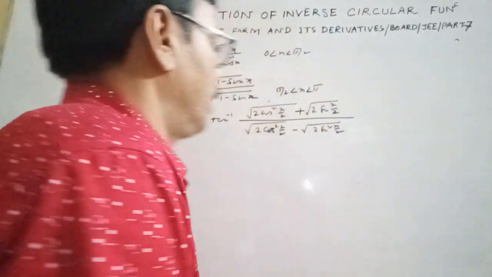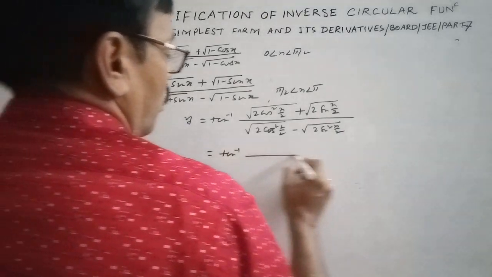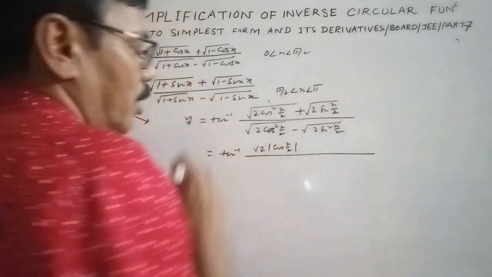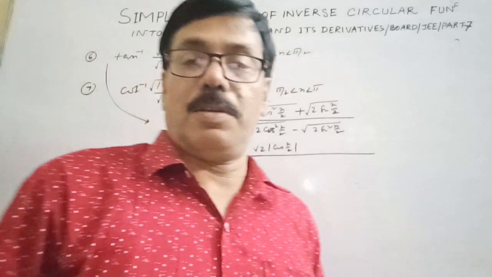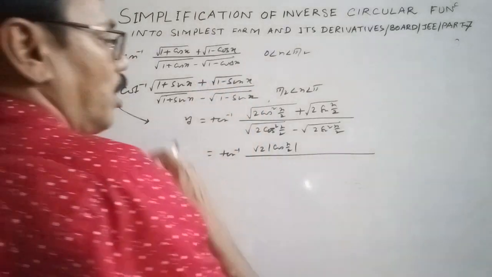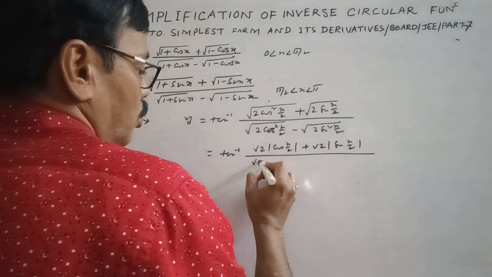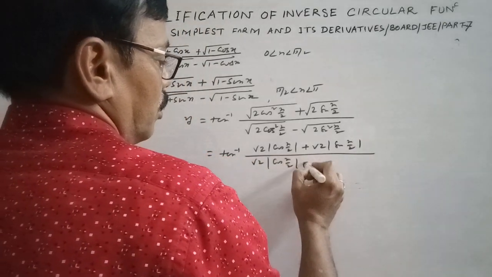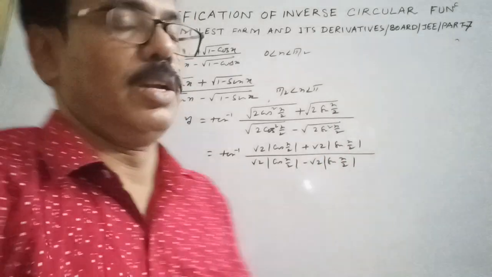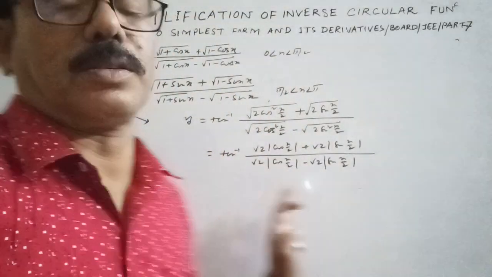I have already stated that a root over a square is plus or minus. So you do not write this as only cos x by 2; if the quadrant is mentioned, then we write cos x by 2 if it is the first quadrant. So this is root 2 cos x by 2 modulus over root 2 sin x by 2 modulus. So do not take this as cos x by 2, you take the modulus, plus minus.